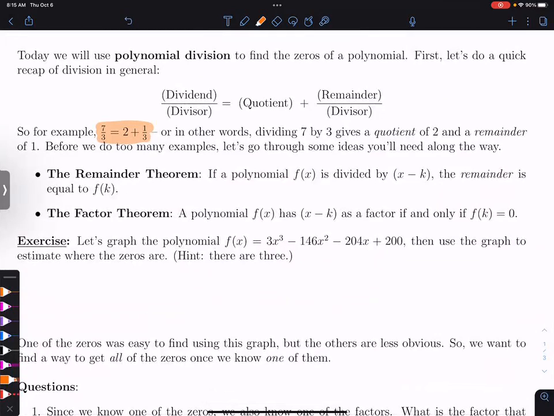So it's the same thing you would get if you plug 2 into the function. If you take f and divide it by, say, x minus 2, the remainder would be the same thing as f of 2. That's whatever. It's a result that's true.